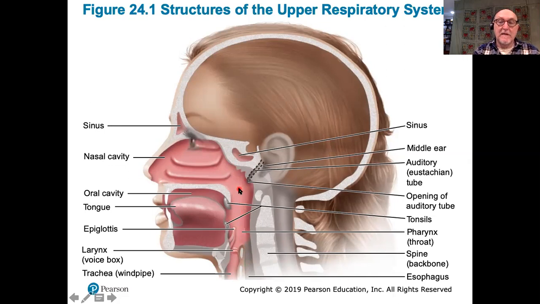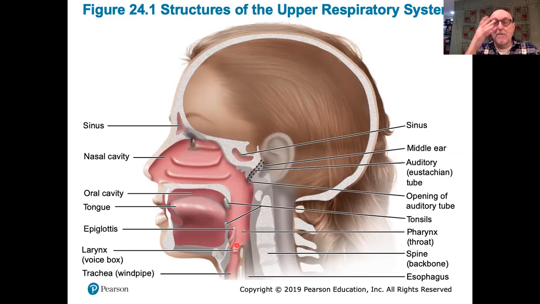Now, there's a huge problem, and it pertains in particular to one particular disease, which we'll talk about in a while. It's very dangerous in children if an inflammatory condition is set up here on the epiglottis, because the epiglottis can swell and end up blocking off the trachea and choking the child to death.